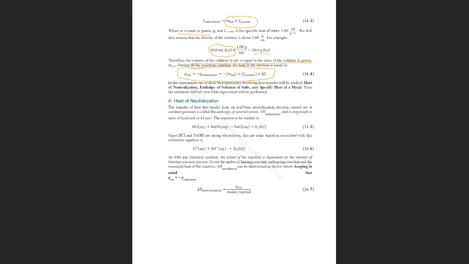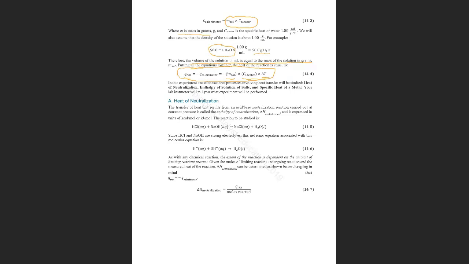And the only difference is the sign. That's how we calculate the heat of a reaction, by measuring how many grams of solution are in the calorimeter, the specific heat of water that we know, and the delta T. Delta T is the final temperature minus the initial temperature.